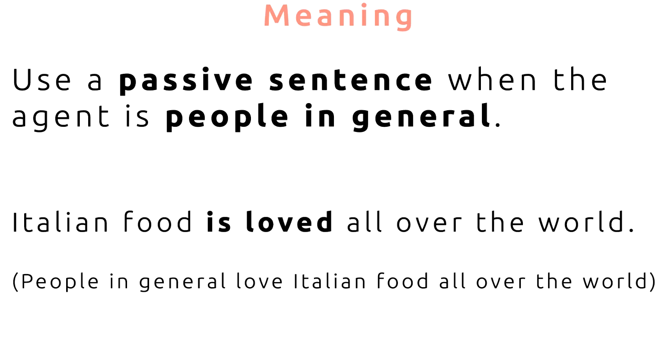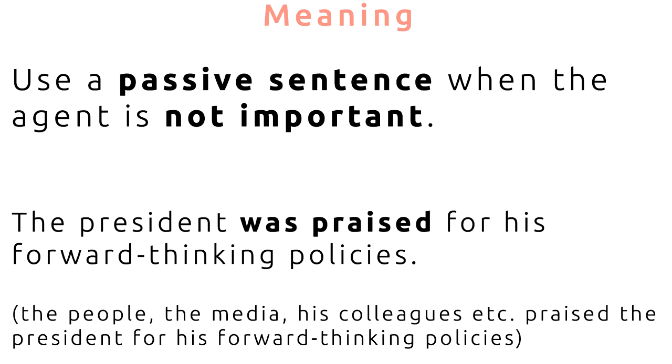The agent, people in general, doesn't need to be mentioned. And finally, we can use a passive sentence when the agent is not important. For example, the president was praised for his forward-thinking policies.